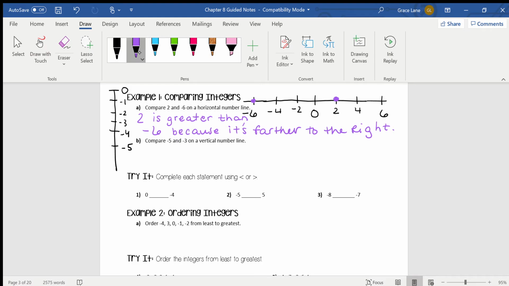If you mark both of these, negative 5, negative 3, negative 5 is less than negative 3 because it's lower or it's below.